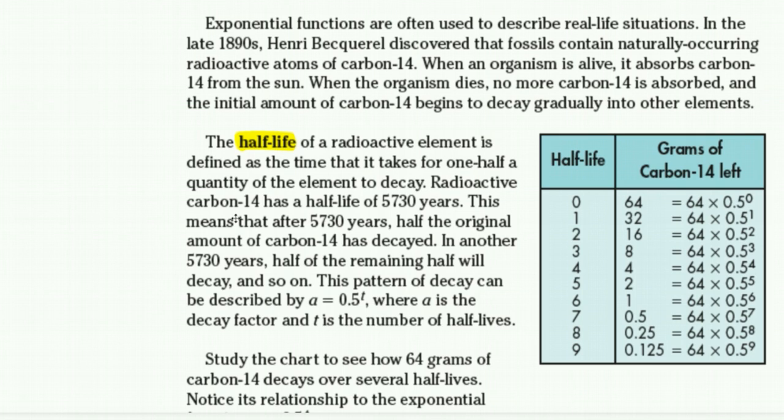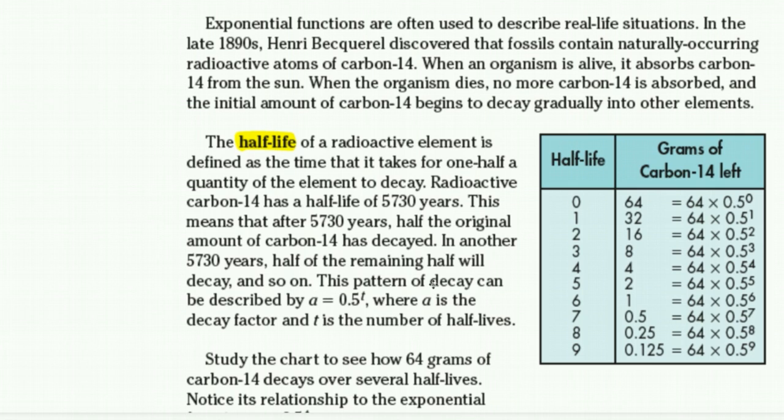So radioactive carbon-14 has a half-life of 5,730 years. This means that after 5,730 years, half of the original amount of carbon-14 has decayed. So in another 5,730 years, half of the remaining half will decay, and so on and so forth. So you'll have 1/4 left.